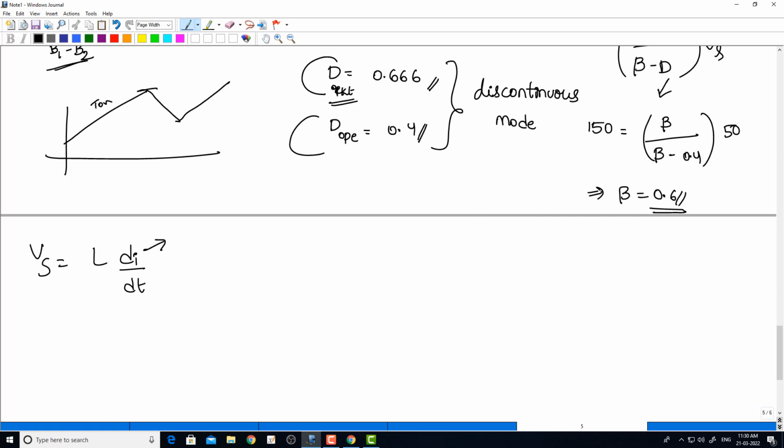This is I max and this is I min, and this difference is delta I, that is di. And dt is the T on period.